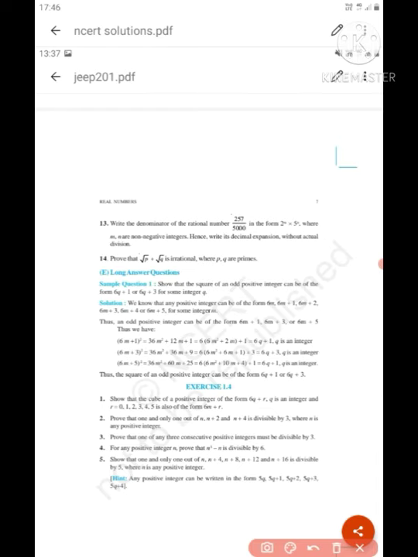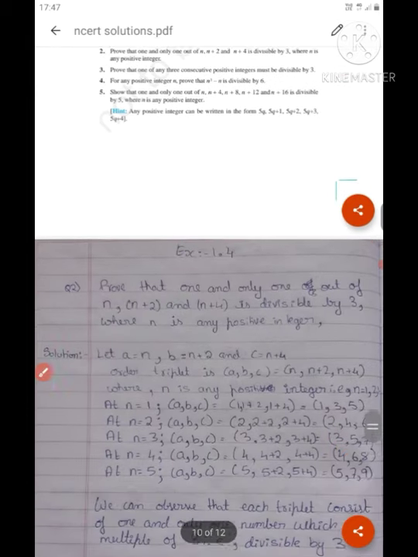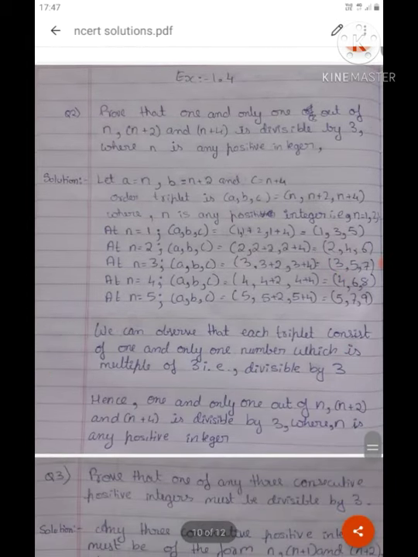Exercise 1.4. In exercise 1.4, we have second question, third question, and fourth question. The other two questions are related to Euclid's division lemma, so we don't have them. Second question. Prove that one and only one out of n, n plus 2 and n plus 4 is divisible by 3 where n is a positive integer.